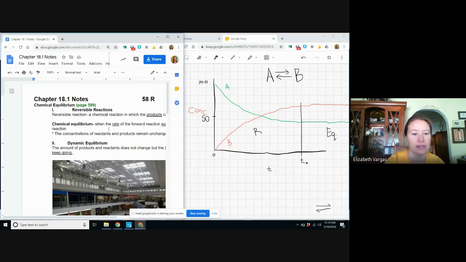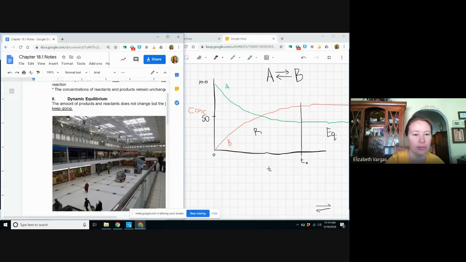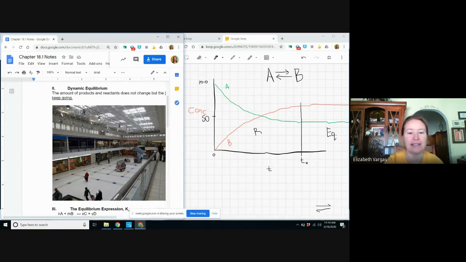So for dynamic equilibrium, the word dynamic, you guys should have thought about. If you didn't, think about it. What does dynamic mean? Dynamic means changing.